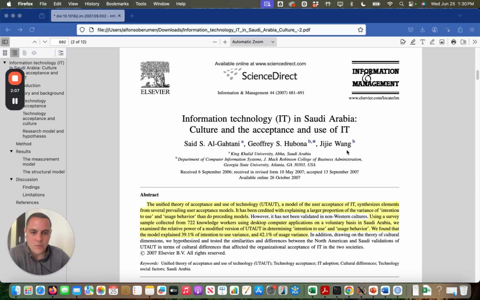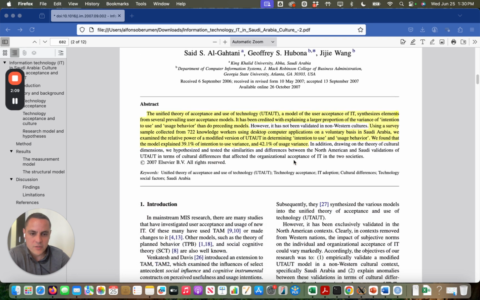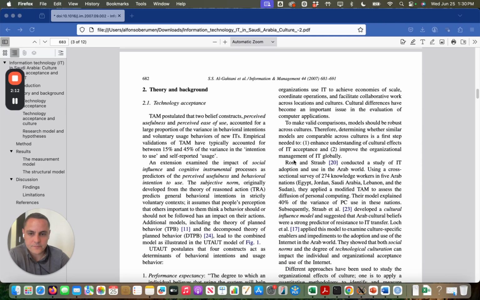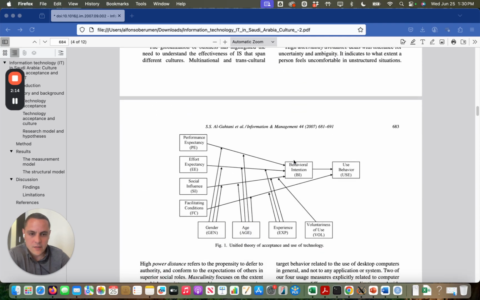What I want to scroll to is a visual that is going to help with this. They have behavioral intention to use and then use behavior variables.